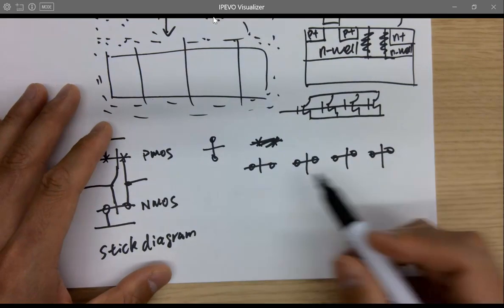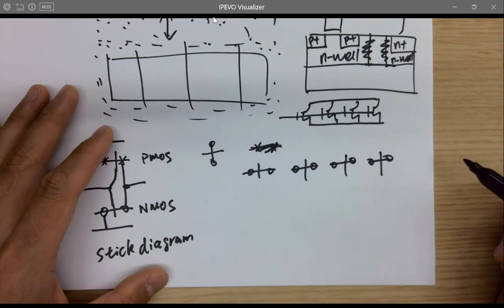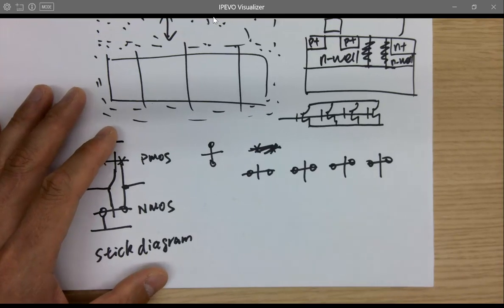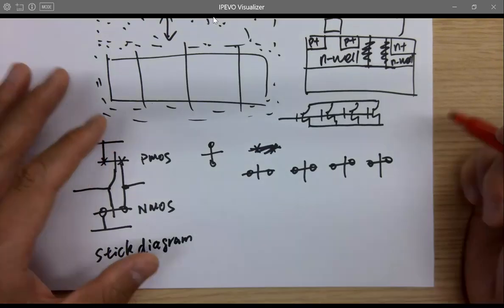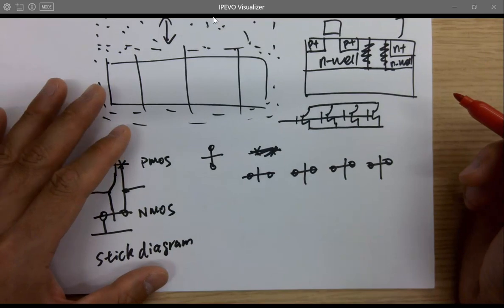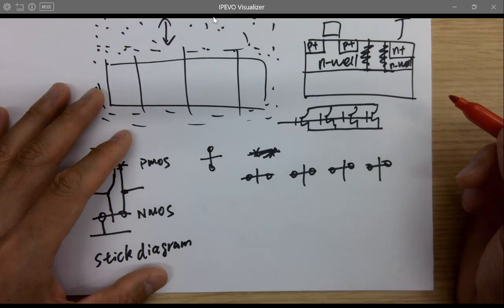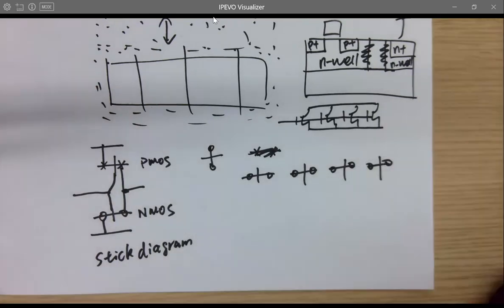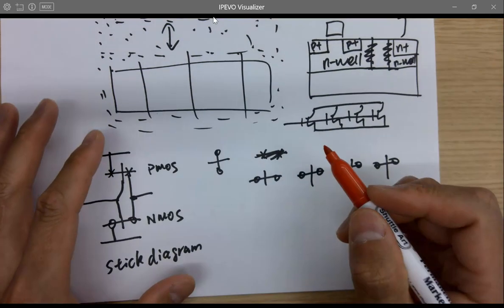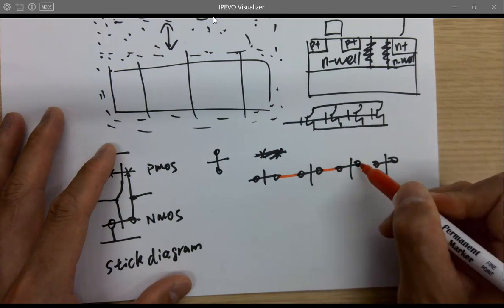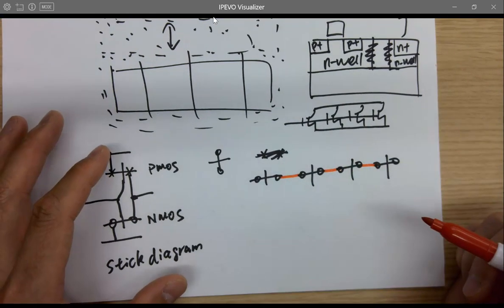Now let's see, how do we put them in parallel? It's very interesting to look at. They are thinking if I short them like this, they will be in series.